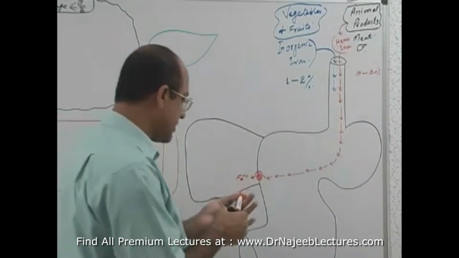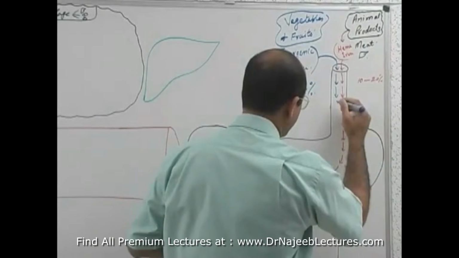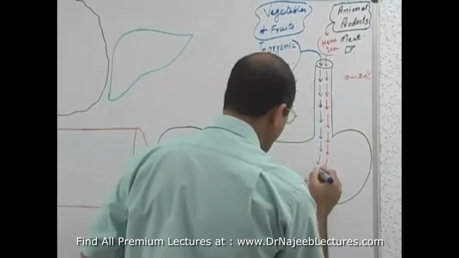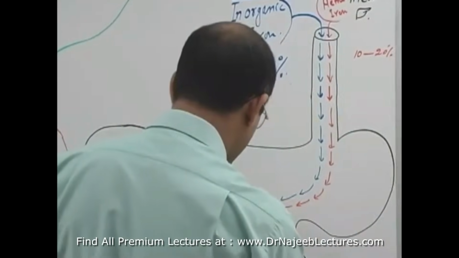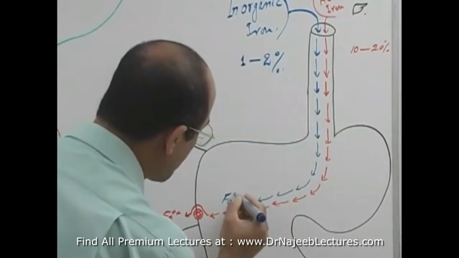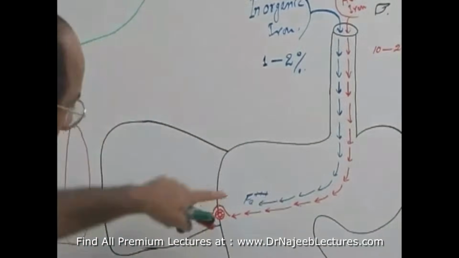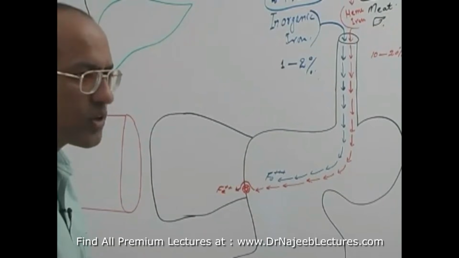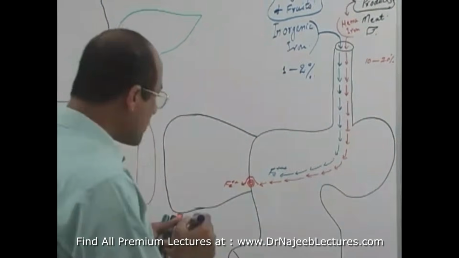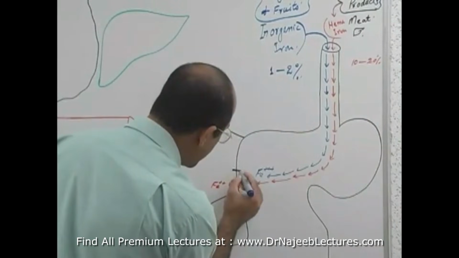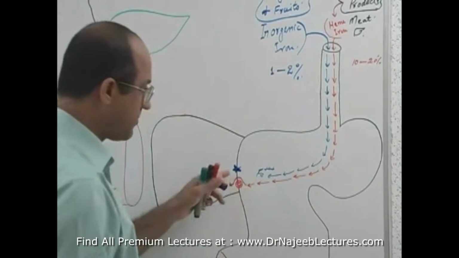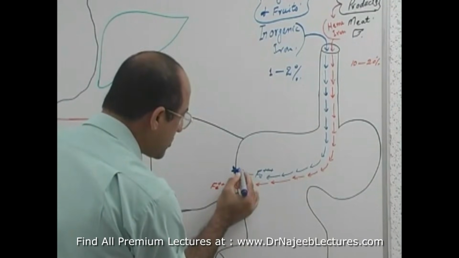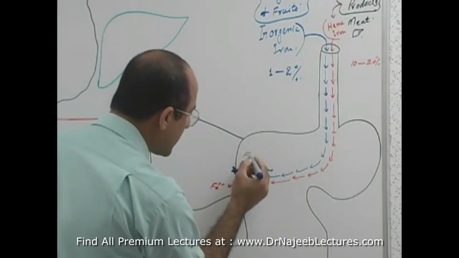Let's talk about inorganic iron. As I told you, it is poorly absorbed. The first thing is that inorganic iron is present in ferric form. So it needs to be converted into ferrous form. For this purpose, there is a special enzyme here, and this enzyme is responsible to convert the ferric iron into ferrous iron.